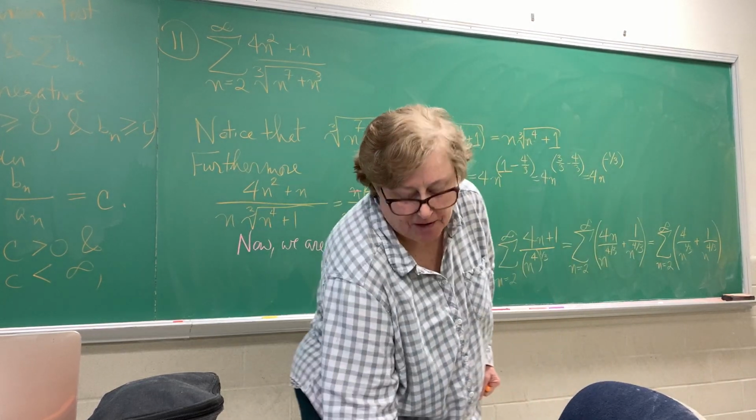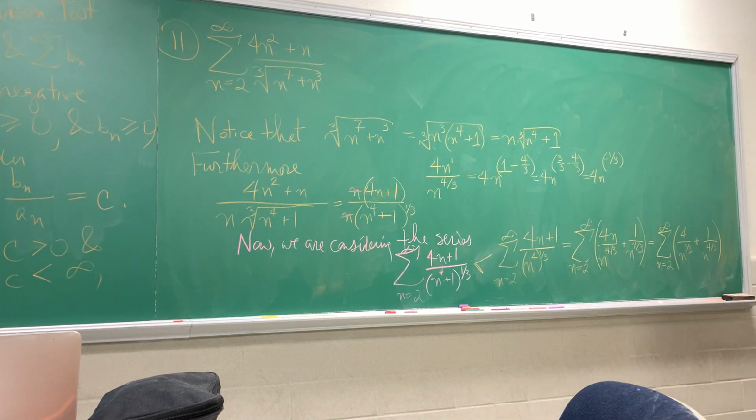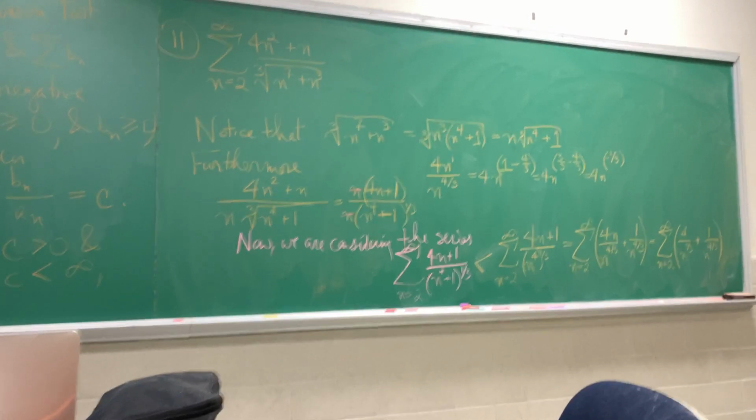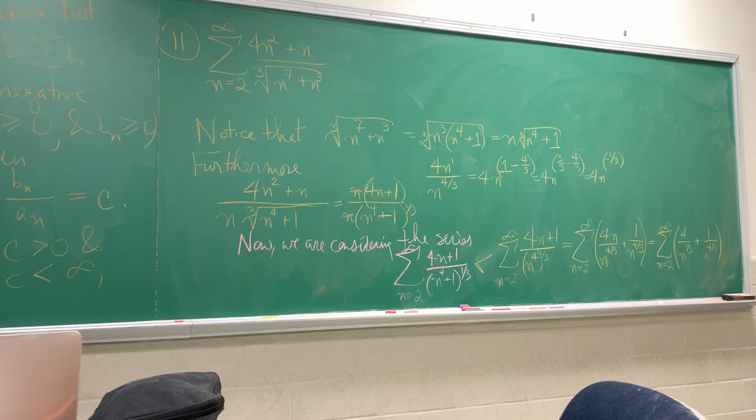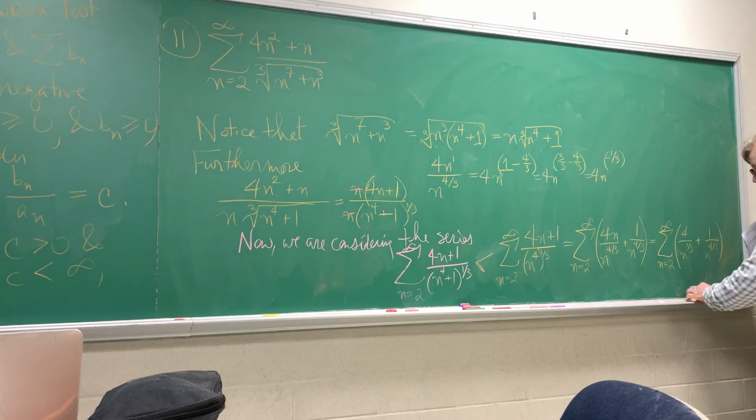And what do you think would be good to compare this with? Just look at the first one. What's good to compare 4 over n to the 1/3 with?